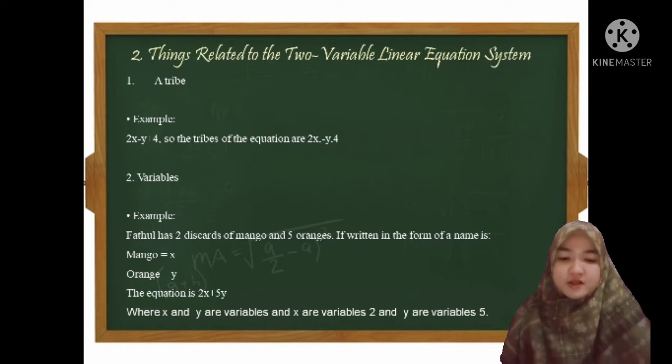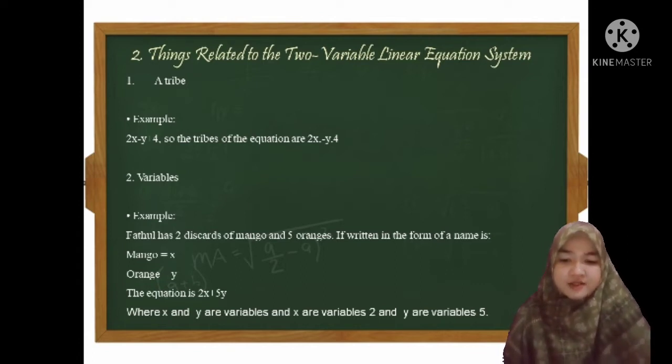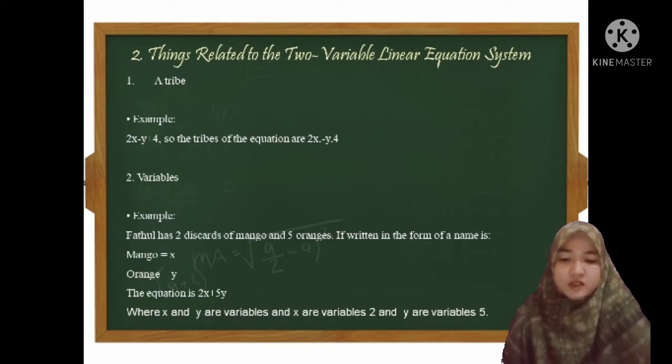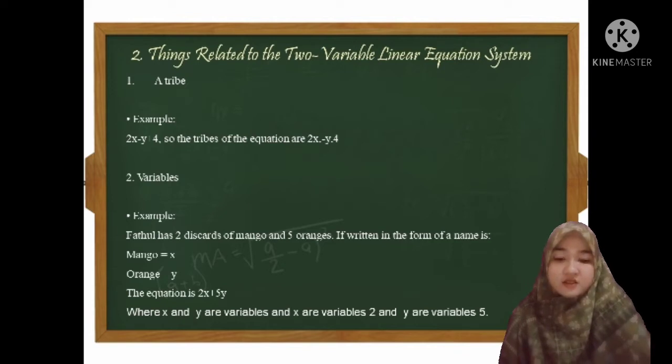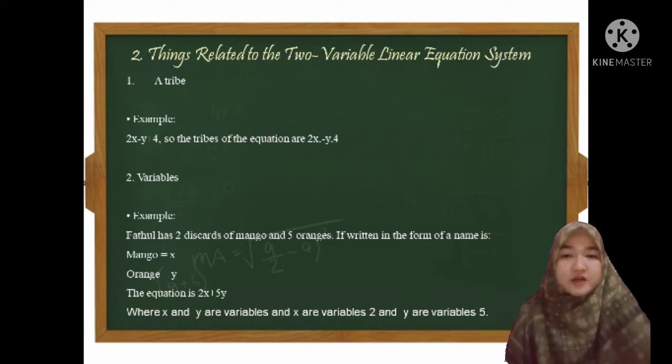If written in the form of a name, mango equals x and orange equals y, so the equation is 2x plus 5y, where x and y are variables.